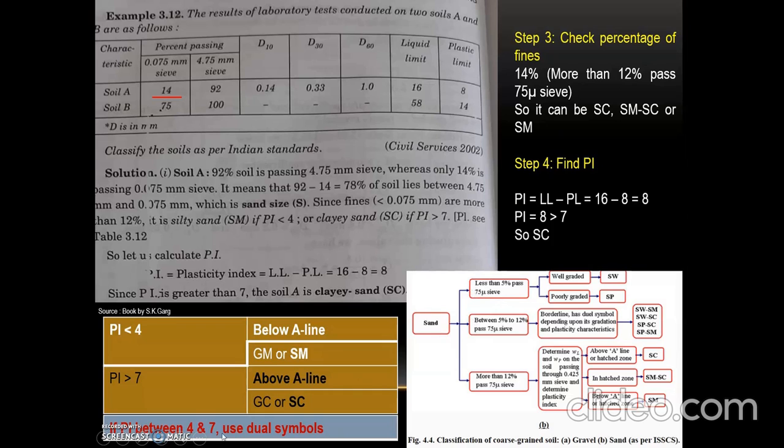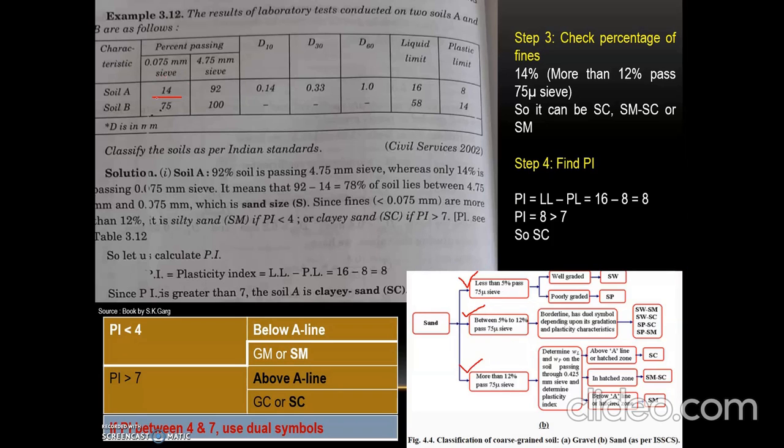First one is less than 5%. That means we will have to check whether the percent passing through the 0.075 mm sieve is less than 5%, that is the first condition, or whether it is between 5 to 12%, or whether it is greater than 12%.